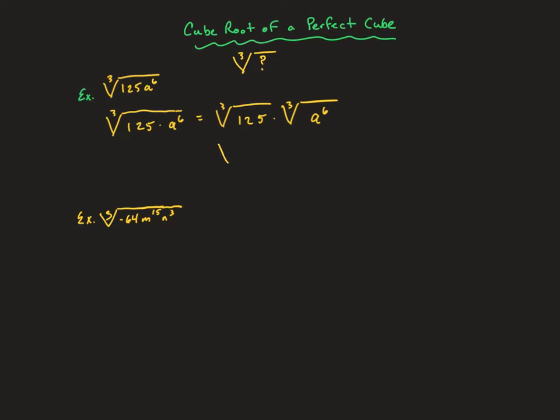And again, the cube root of 5 cubed, there we go, it looks like 5 cubed is going to be 125. And then the cube root of a squared to the third power.